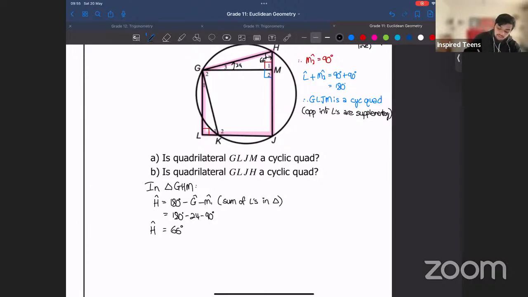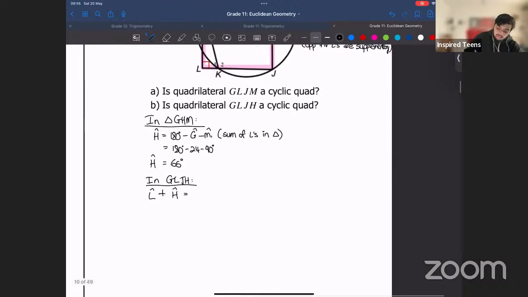Okay, so since H is 66, that's going to tell us, hey, this is not a cyclic quadrilateral, because now I'm going to say in quadrilateral GLJH, angle L plus angle H is equal to 90 plus 66, which is equal to 156, which is not equal to 180 degrees.